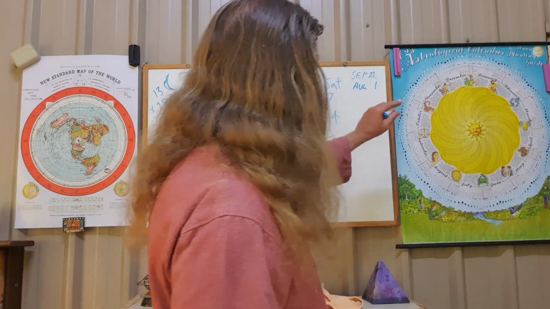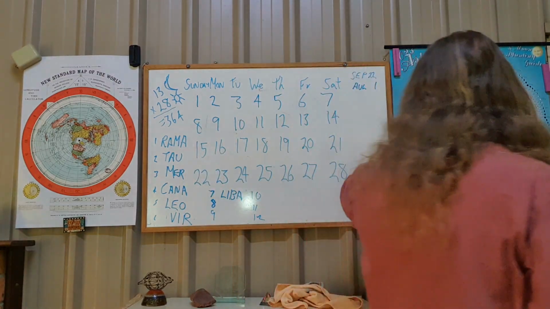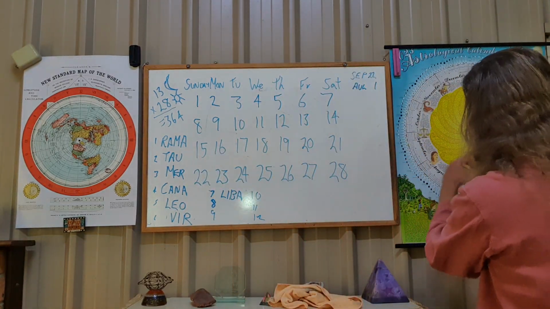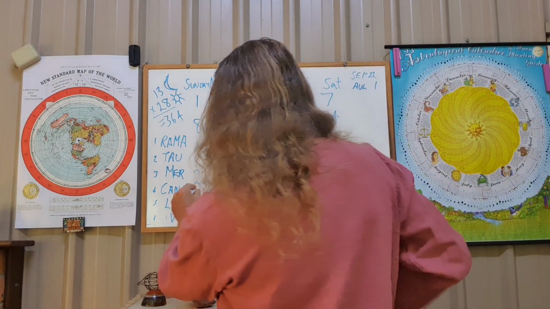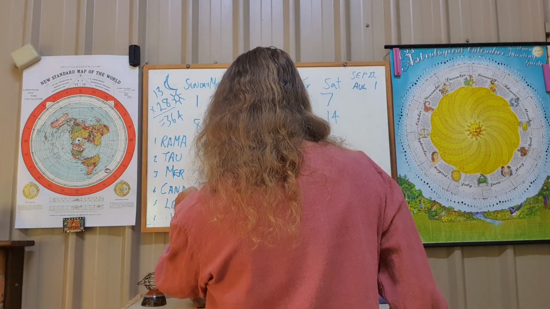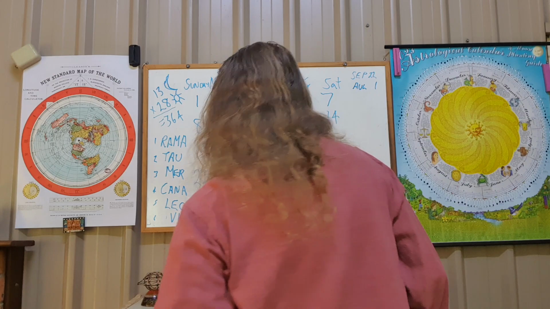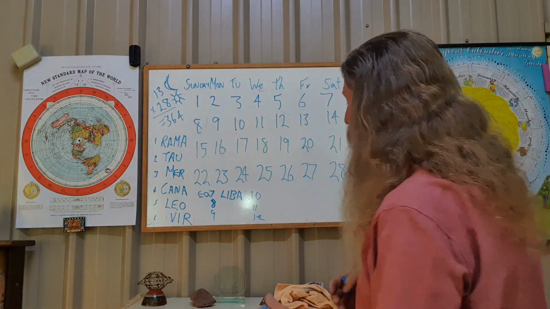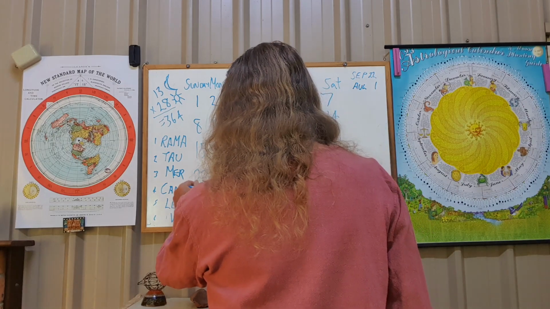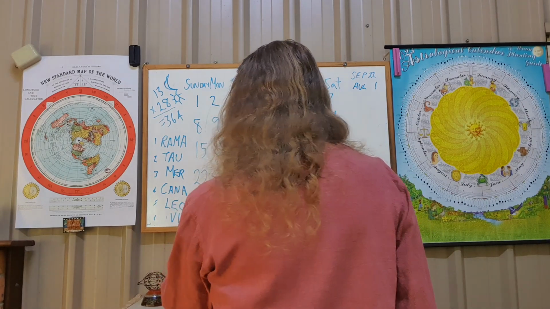Next we go into Scorpio. Oh, in fact, yeah. Libra is the next equinox. So that's our, what do we call that? That's our autumnal. No, that's our spring equinox. So it's spring for us. That's our new growth.